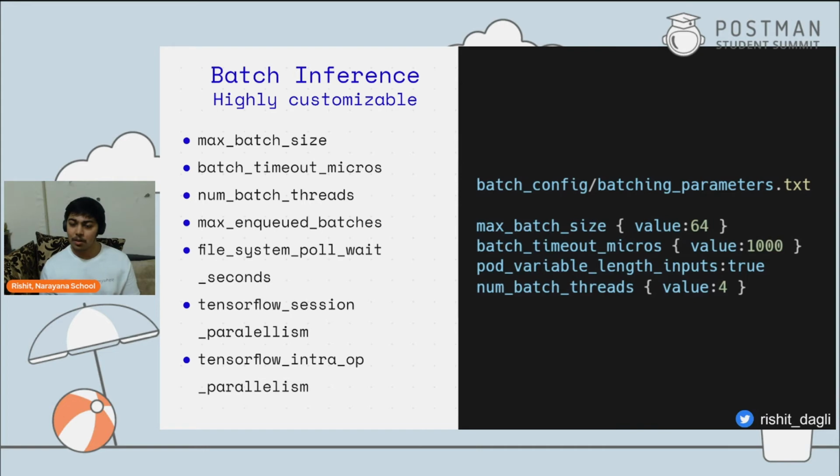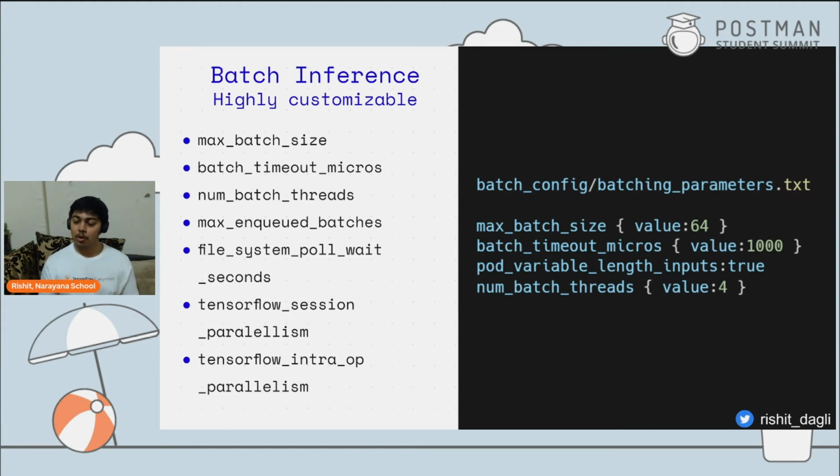You can just create a file called batching parameters.txt, and this is highly customizable too. You can do quite some optimizations in this. A couple of super useful optimizations, from my experience, would be that you can also control the polling for new models, which is essentially saying that let's say I have my model stored in a Google Cloud bucket or Google Cloud storage.